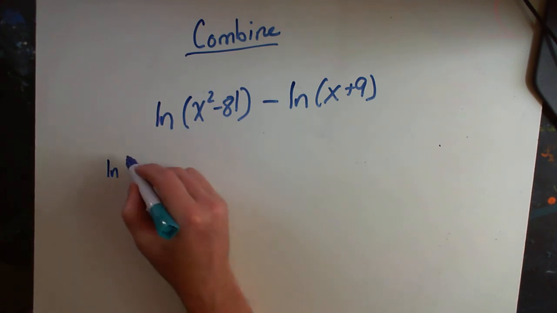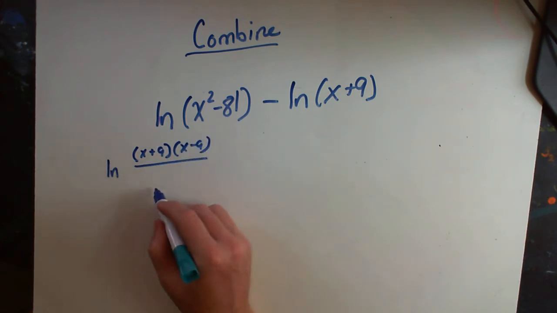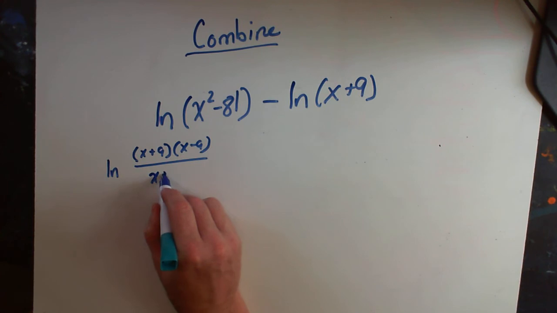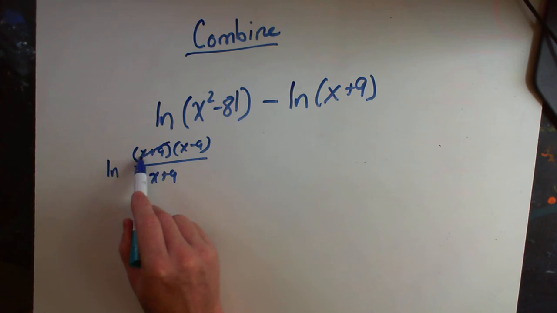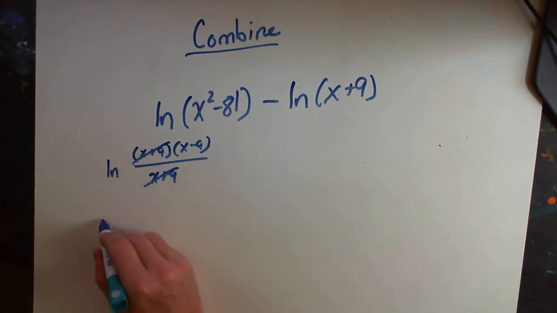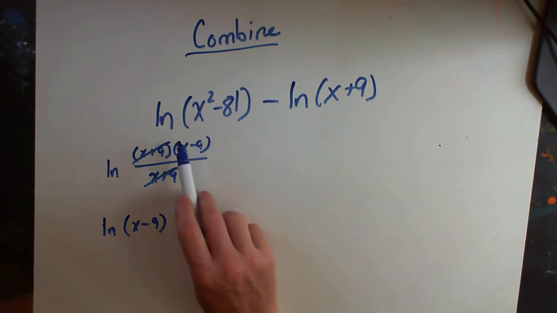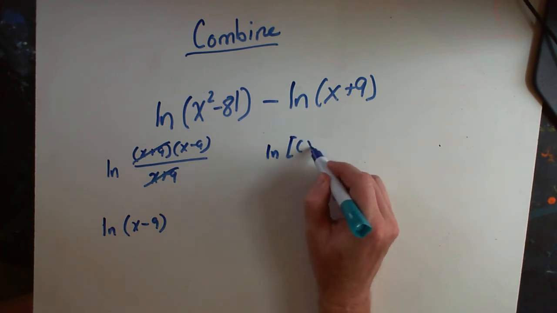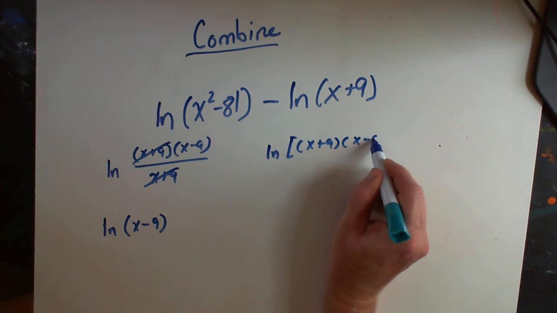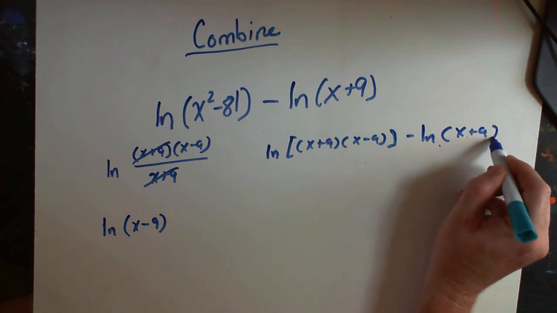So the natural log of x squared minus 81 becomes x plus 9 times x minus 9, and then that's going to be over x plus 9. Because subtraction becomes division, the x plus 9's cancel out, and that leaves us with the natural log of x minus 9. You could have also said this is the natural log of x plus 9 times x minus 9 minus the natural log of x plus 9.